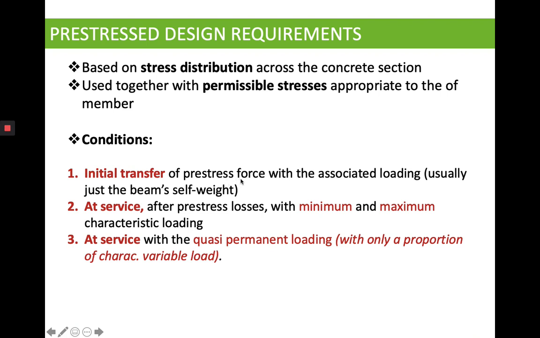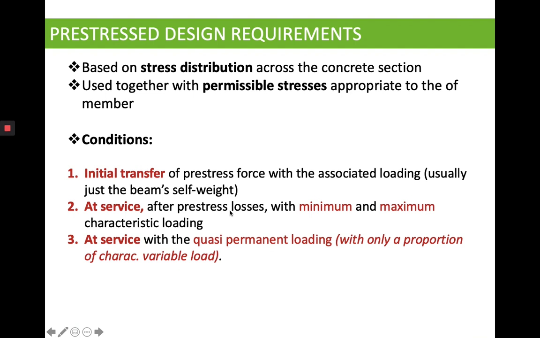We have the transfer of the pre-stress force. Usually at this point, we are going to consider only the beam's self weight as the external loading. Then at service, after the pre-stress losses, we are going to consider the minimum and also maximum characteristic loading.